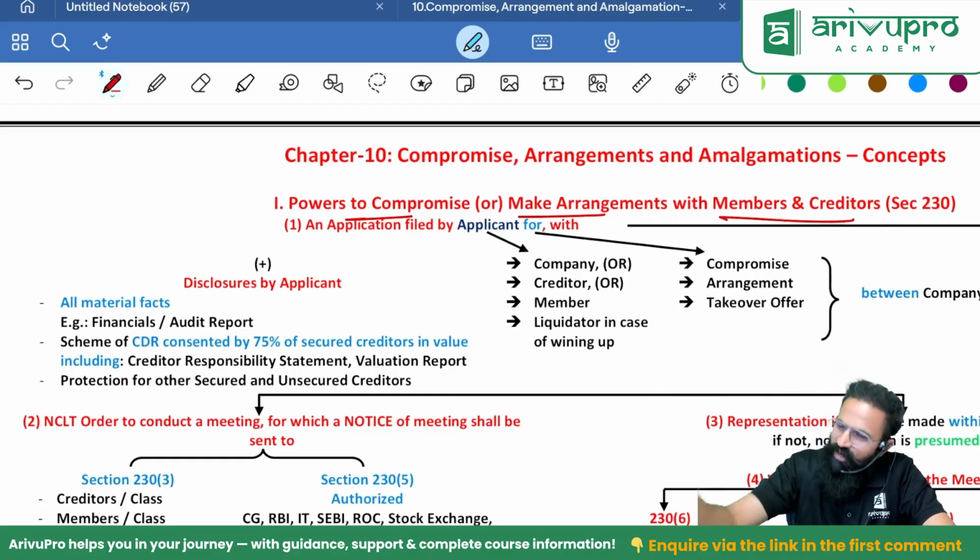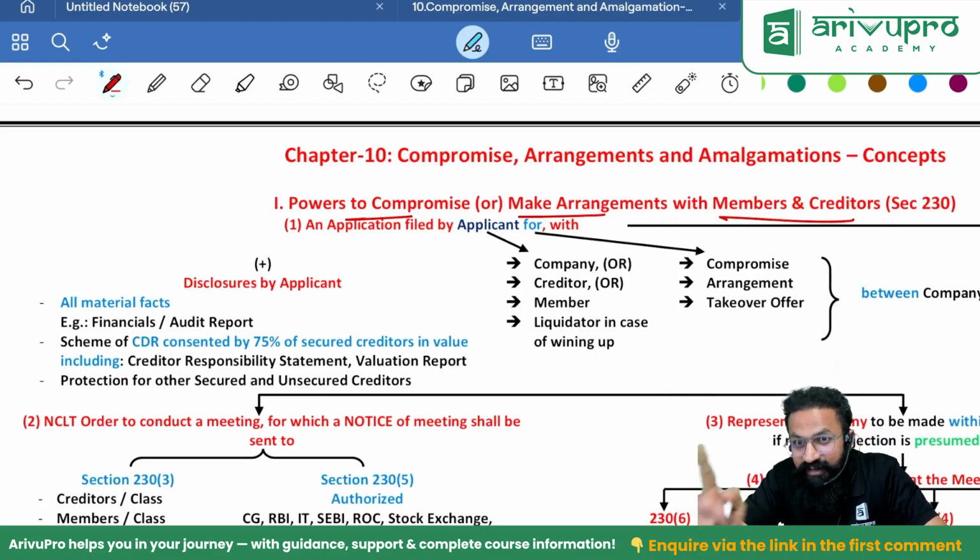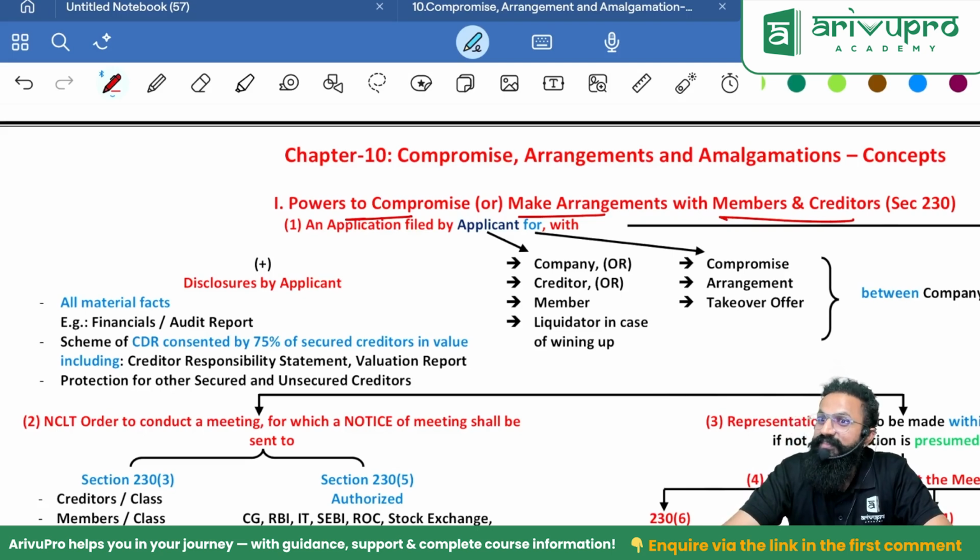Reduction of salary? Wrong. Distribution of profits? Wrong.